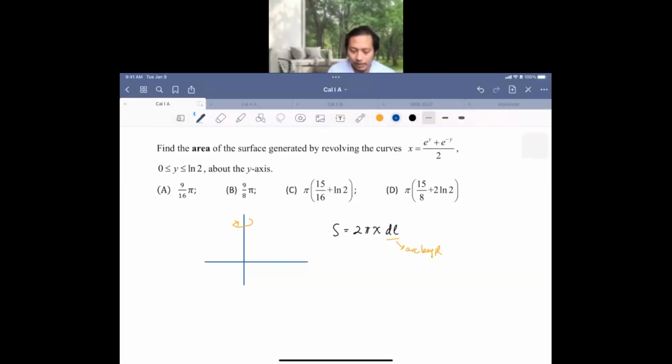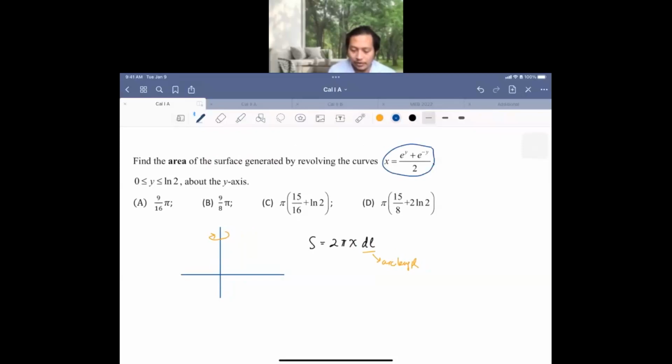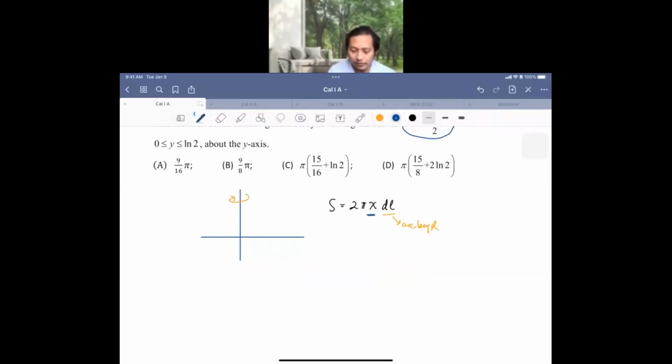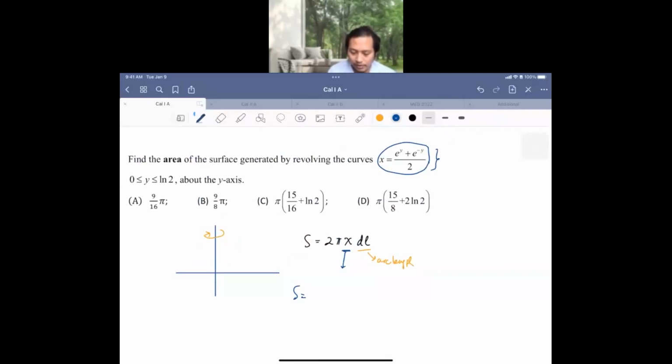Because we have a function of y, we can change x into a function of y too. So we change it to 2 pi, then e^y plus e^negative y over 2, and then dL.